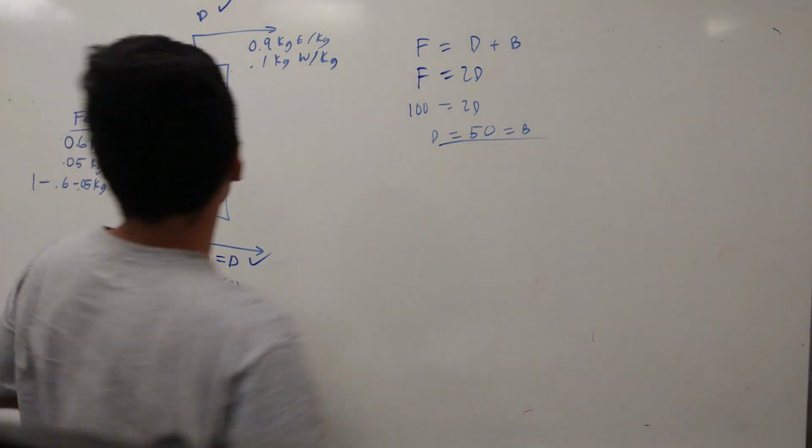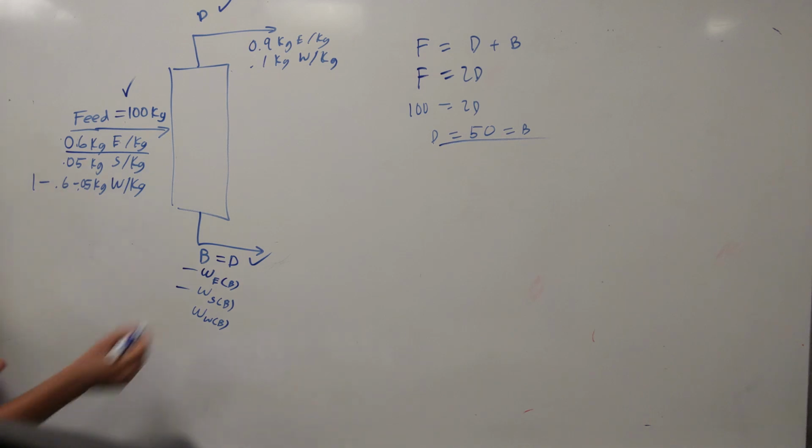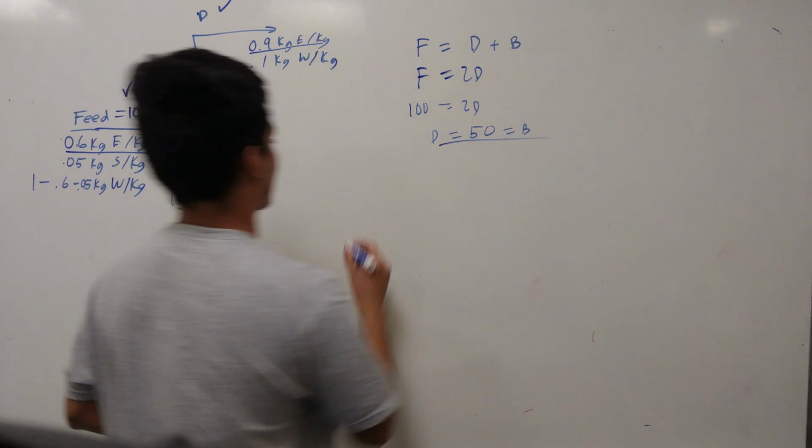So the ethanol mass balance is going to be right here. This is equal to this plus this. Remember, we're going to multiply them together.